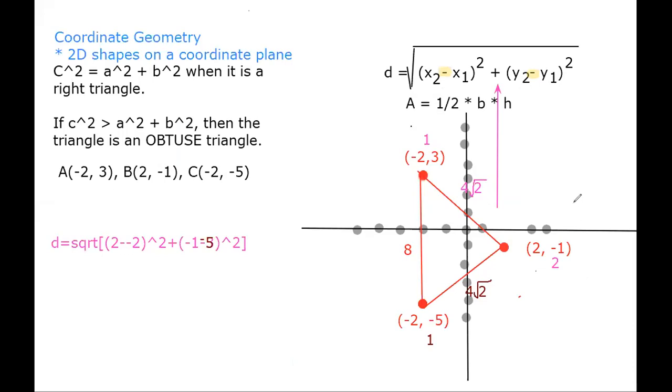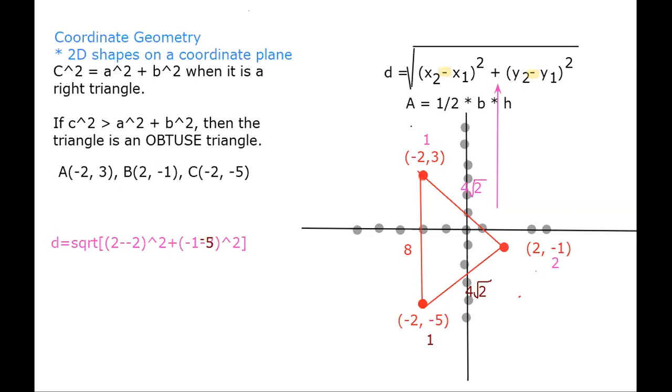Now let's look at the length squared and see what we get. So c squared equals a squared plus b squared is what we're looking at. The square of the longest side, our longest side is our 8.